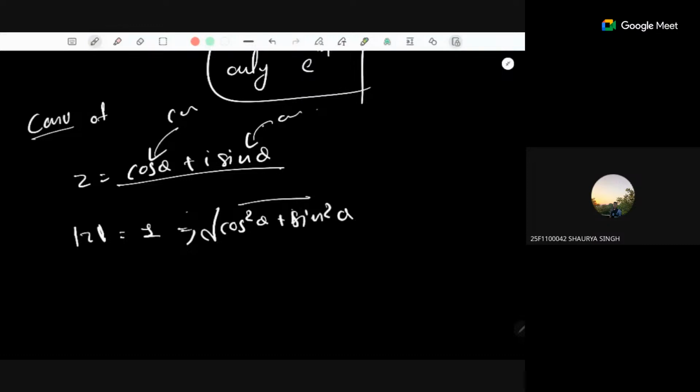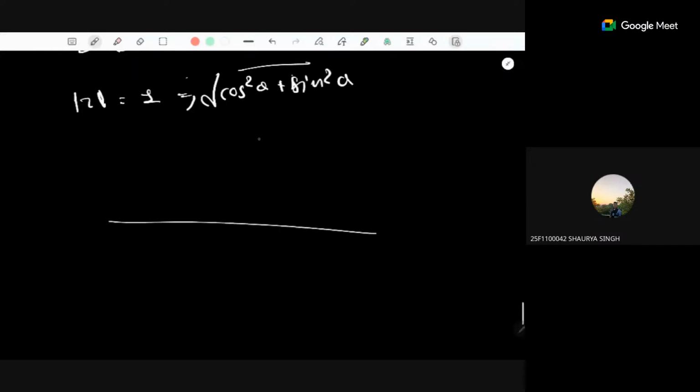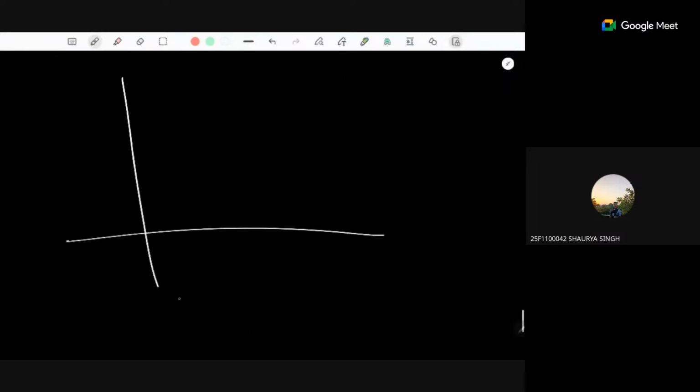Ma'am, I talk about the graph method. There is a circle and there is a point z, z1 and z naught. Where is z1? Ma'am, please draw a circle in the first quadrant. Okay, first quadrant. Inside the circle, ma'am.